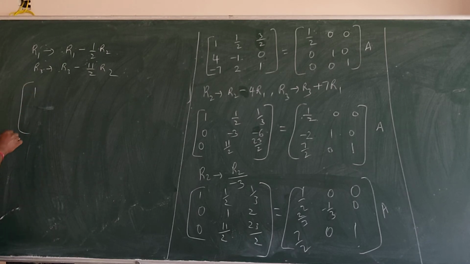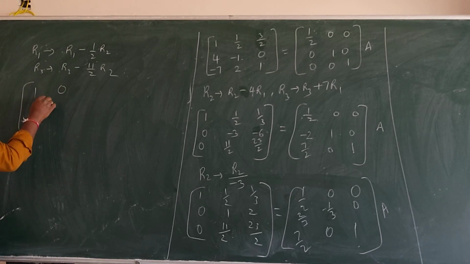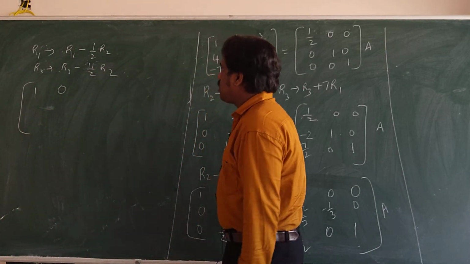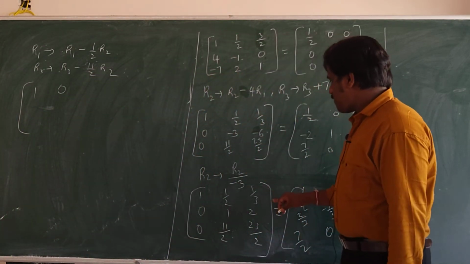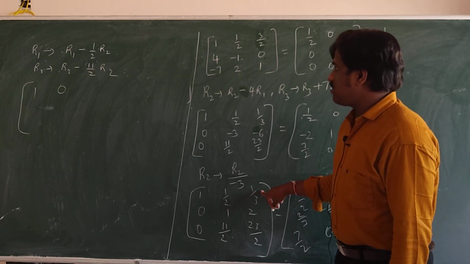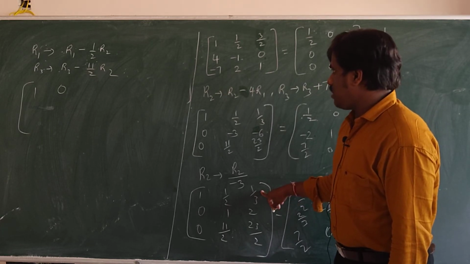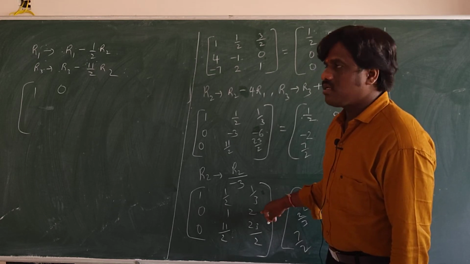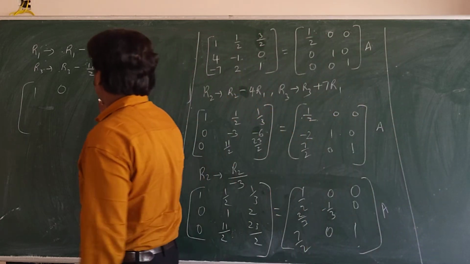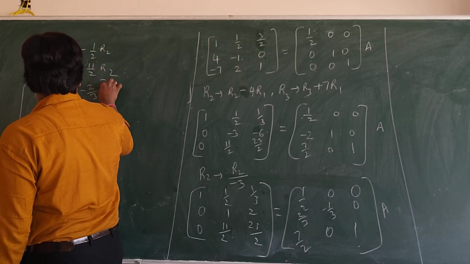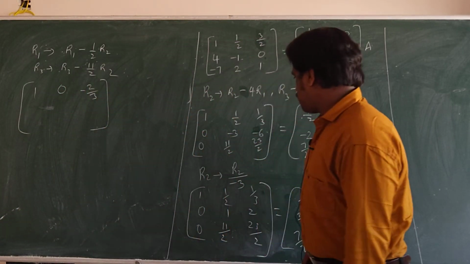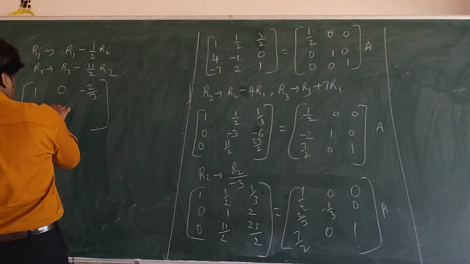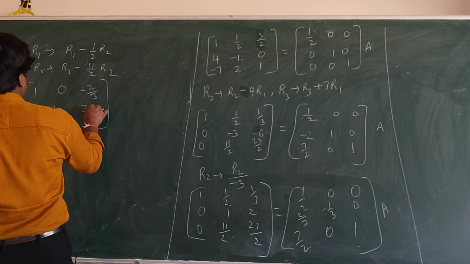So what do you get here? This side you get 1, 0. R1 changes, right? So R1 is 1 by 3, 1 by 3 minus 1, minus 2 by 3. Next, R2 has no change, so 0, 1, 2.